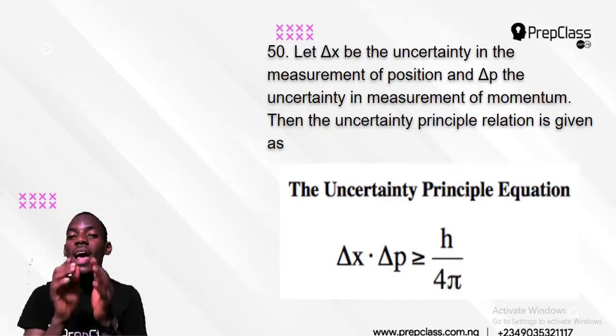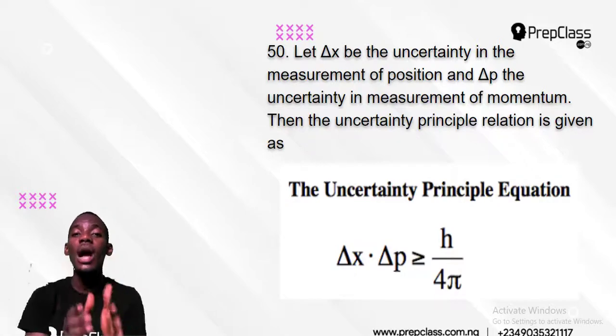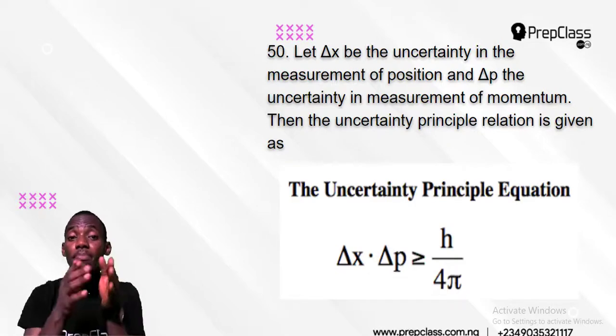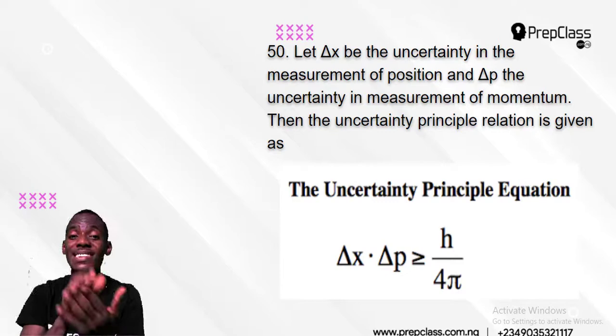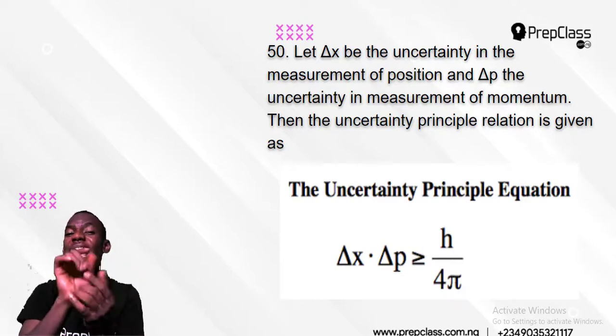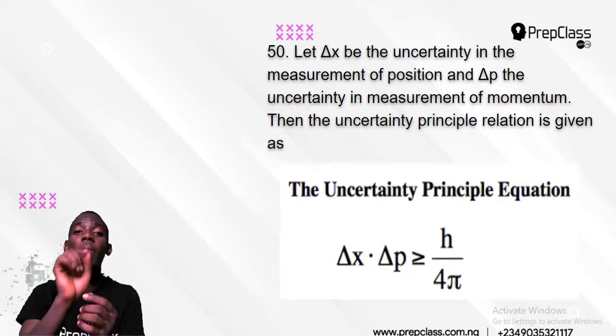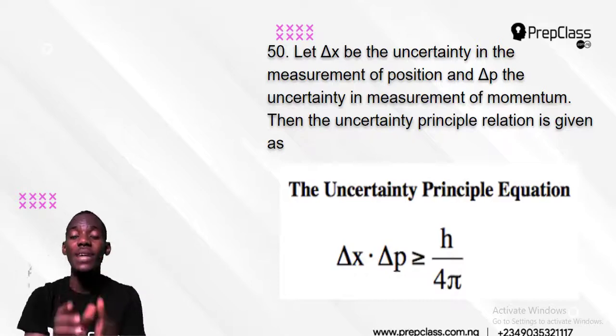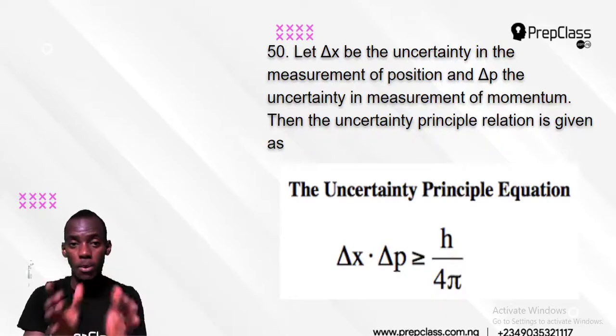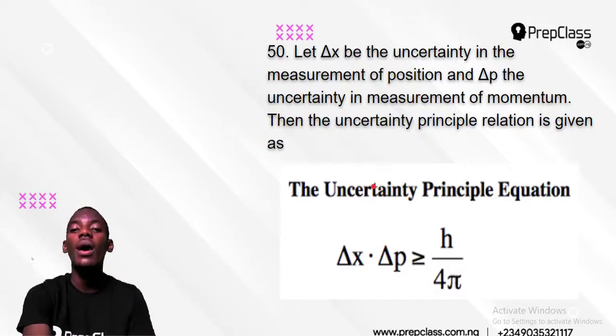So Heisenberg simply says that the position and momentum of an object cannot be precisely measured. That means you cannot measure it without any error. It's not possible to measure the position and momentum of an object without error, and that's what we call the Heisenberg uncertainty principle.